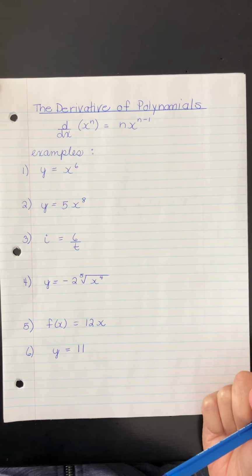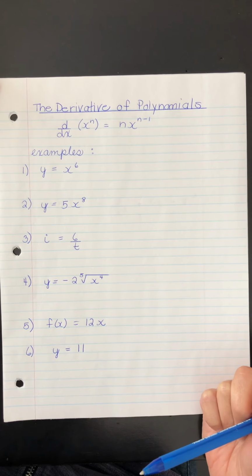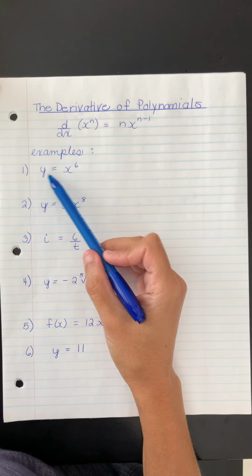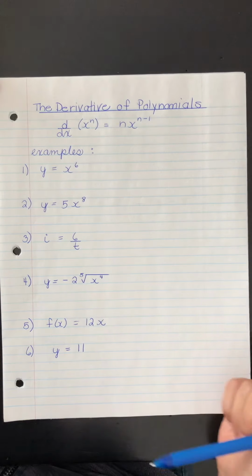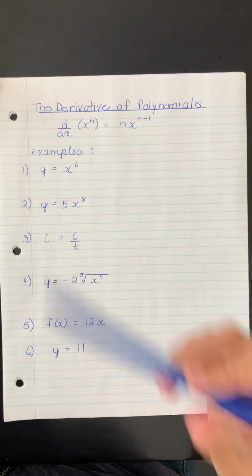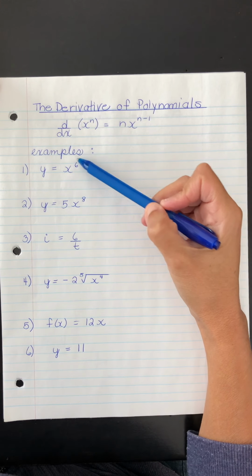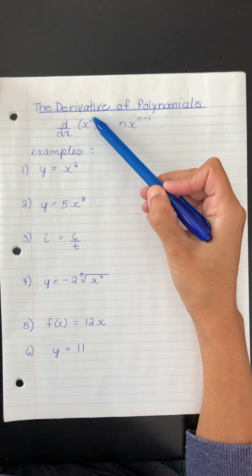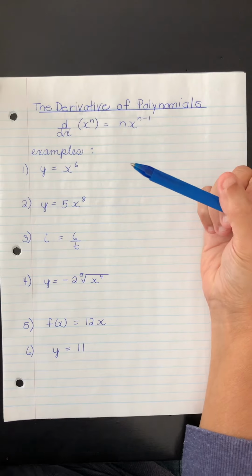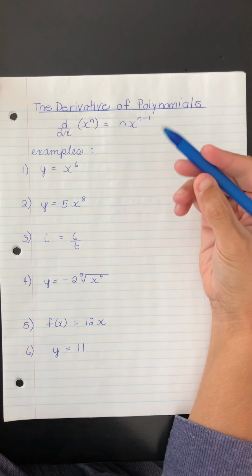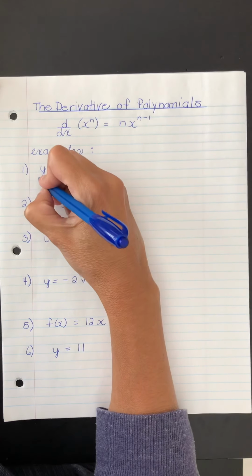So let's look at some examples together. In example 1, we have y is equal to x to the power of 6. So in applying the rule, we have the value of n is equal to 6. And that means the derivative can be formed like this.